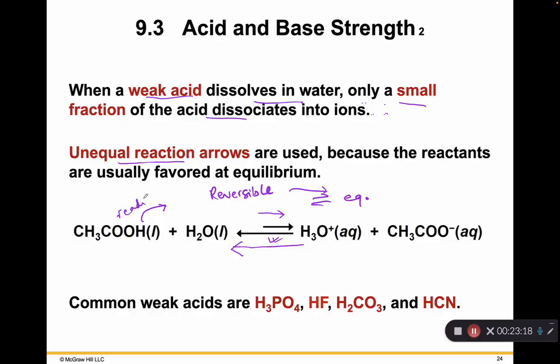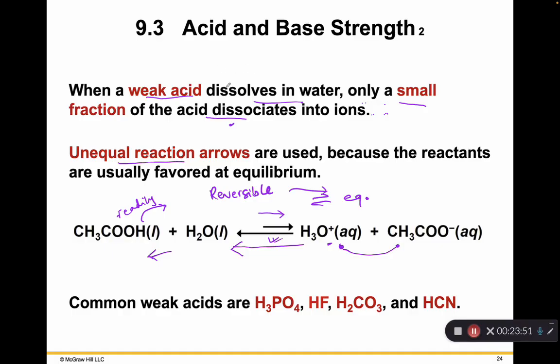They will not dissociate 100%. Only some of the ions will be there, and the product ions combine together and make the reactants back. That's why you have a lesser percentage of ions in the solution, so we call it a weak acid.